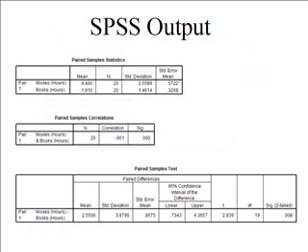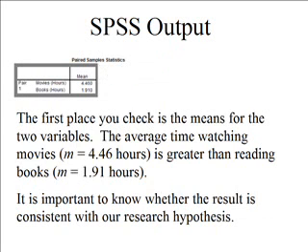Well, here's our SPSS output. We don't actually have to focus on the whole thing. We can focus on just a few specifics. Take a look at that top left, where it's giving you the average amount of time spent watching movies and reading books. That's going to be important. Our hypothesis was that people would spend more time watching movies than reading books. And the data is consistent with that.